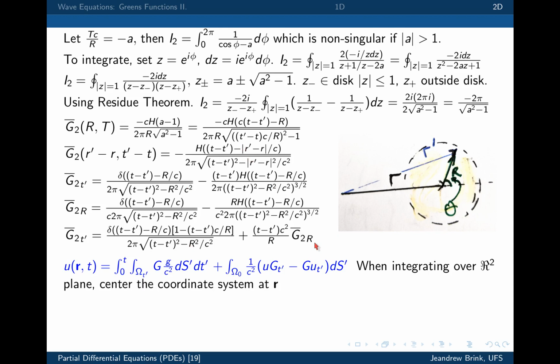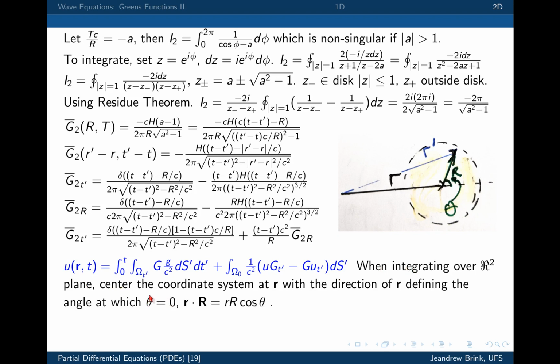And so we're going to center our coordinate system at R, which is basically this field point. And we're going to have the direction of R define what the theta equals 0 angle is. You once again don't have to do it, but it just made my notation shorter because I didn't continuously have to add an extra phi term. Okay, so the direction of R gives you theta equals 0, and then you have just R dot theta equals R cos theta.